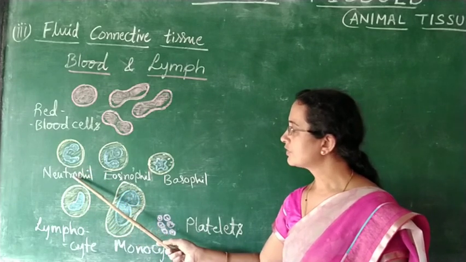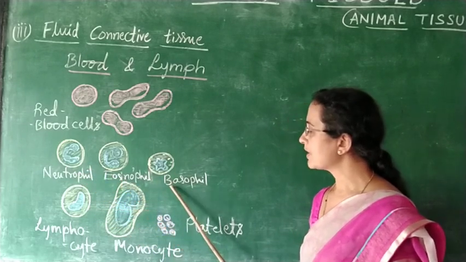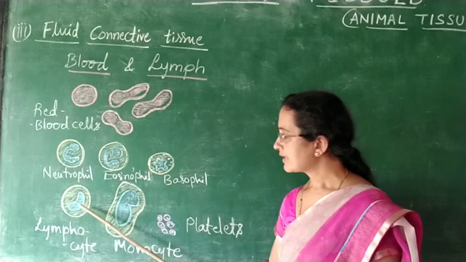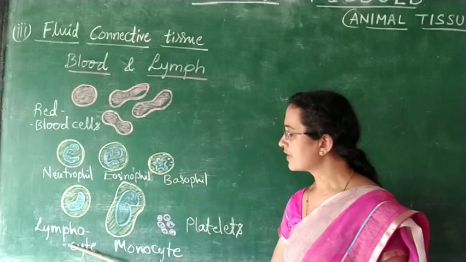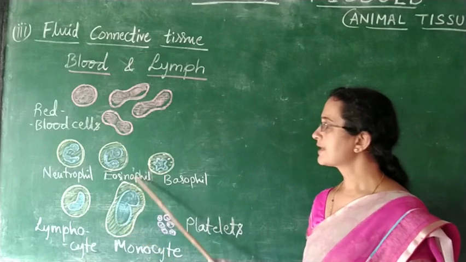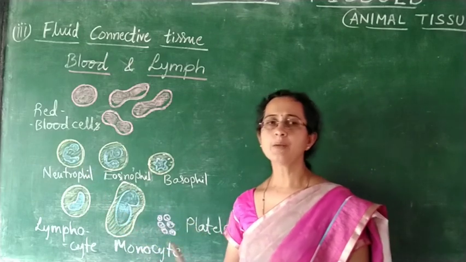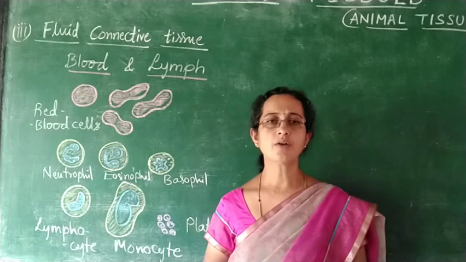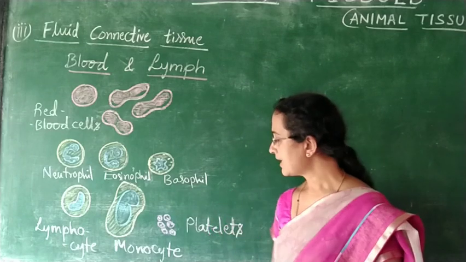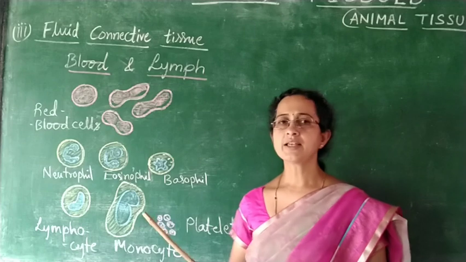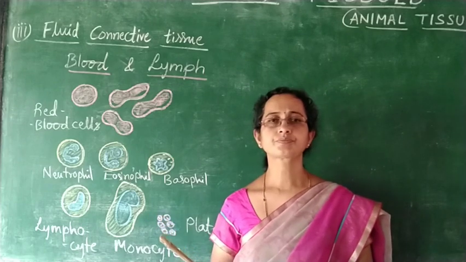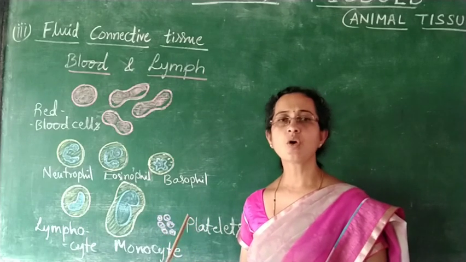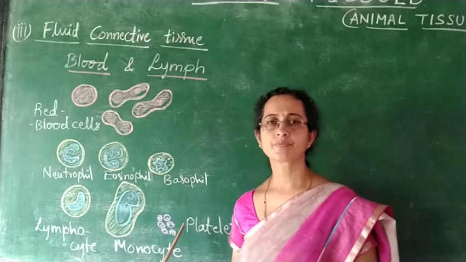Granulocytes consist of neutrophil, eosinophil and basophil, whereas agranulocytes consist of lymphocytes and monocytes. So these white blood cells help in providing immunity to our body, whereas platelets are very small in number. These platelets help in coagulation of the blood.